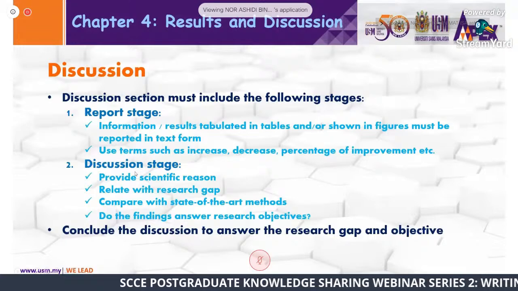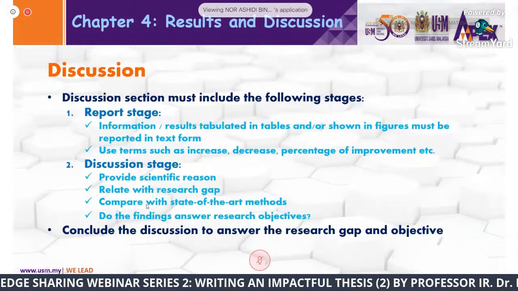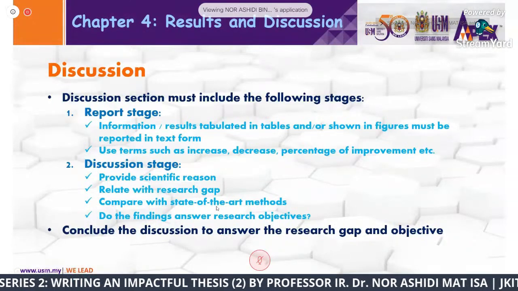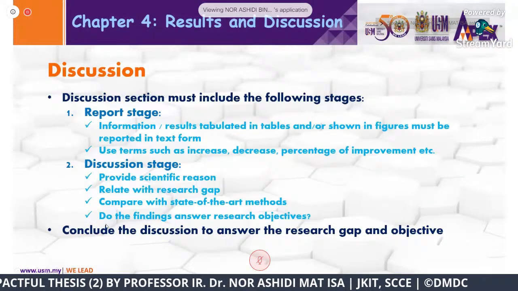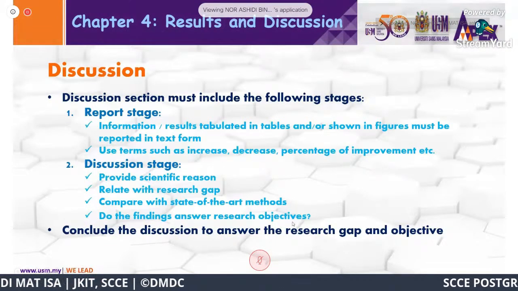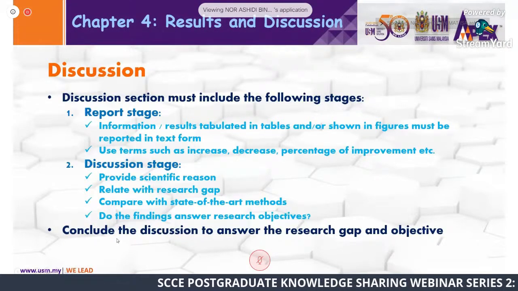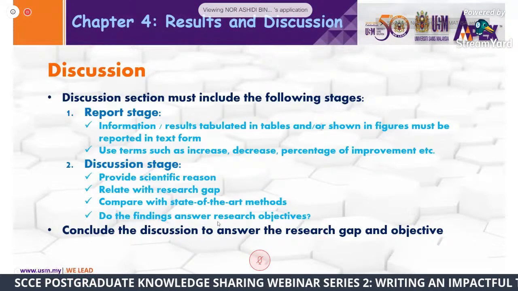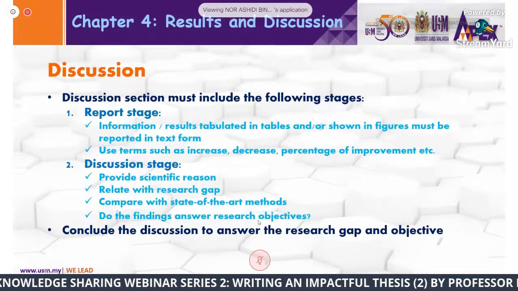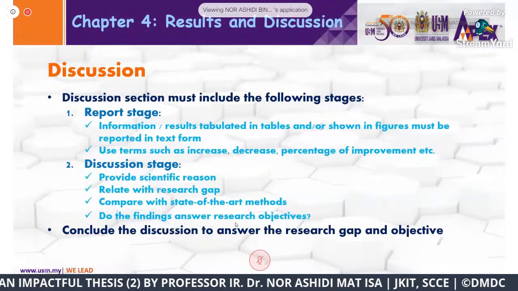Which part helps your technique to improve as compared to other methods? And then lastly, do the findings answer your research objective? If yes, then state so. If not, then for me, try to revise your research objective. Make sure whatever your results and discussion are answers your research objective.